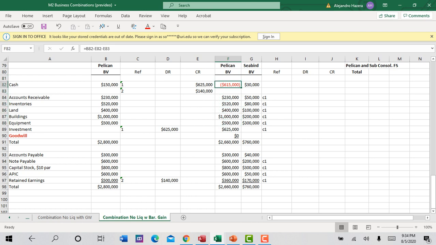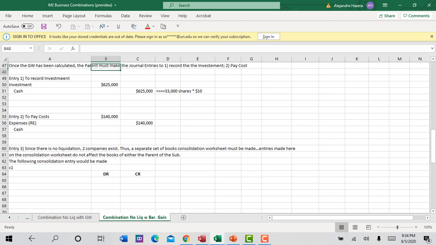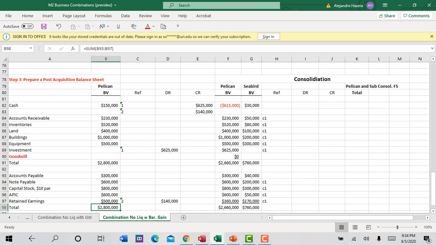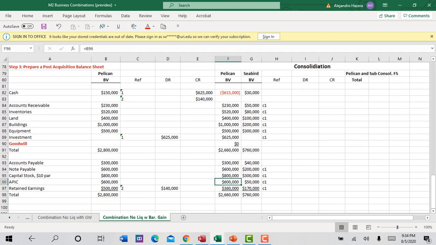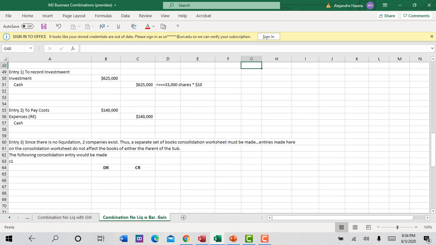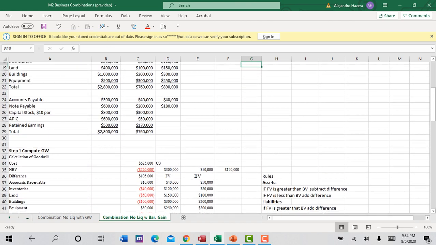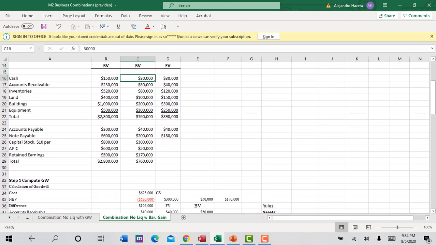What we're going to do is take the parent's financial statements after having adjusted for the fact that the parent made an investment and paid some expenses, so that we make sure we have an investment account there. And then these financial statements here for Seabird are just Seabird's book value financial statements from up top.